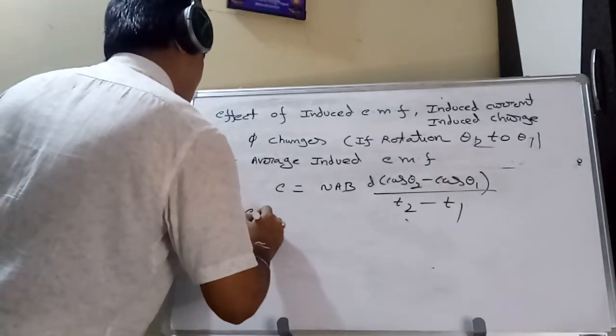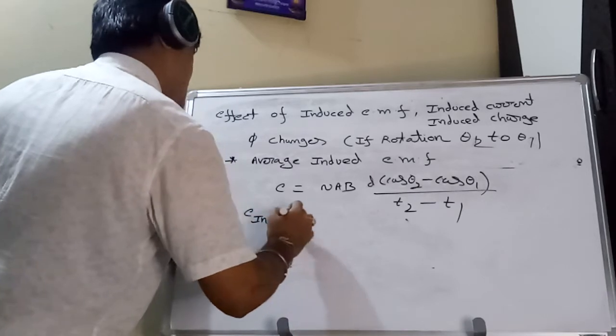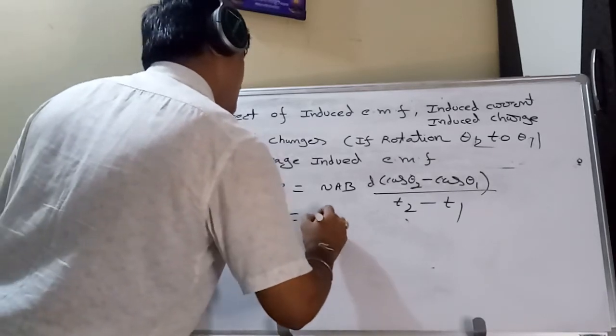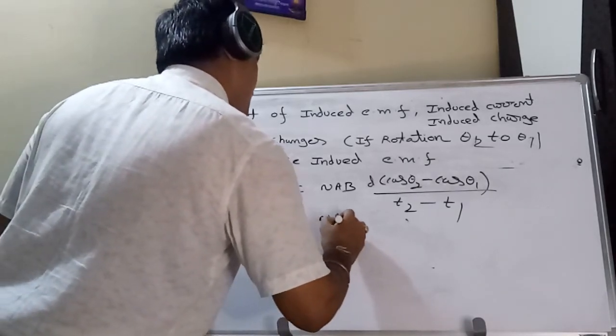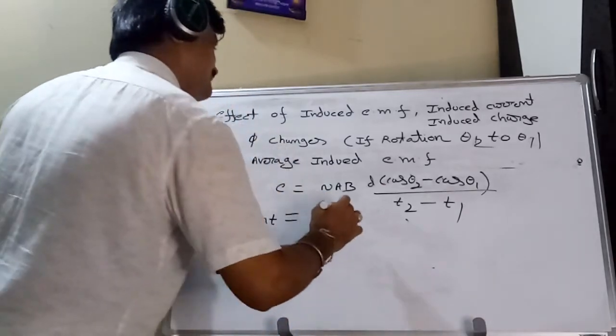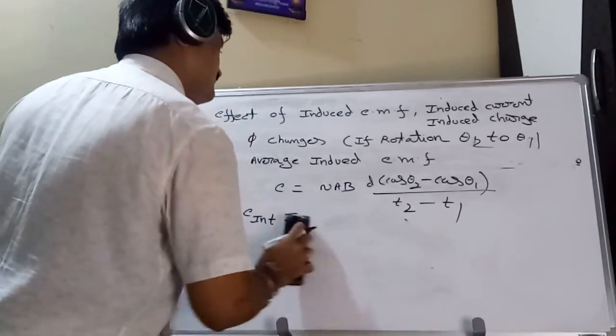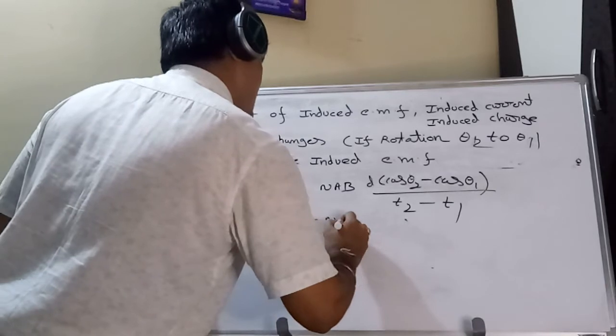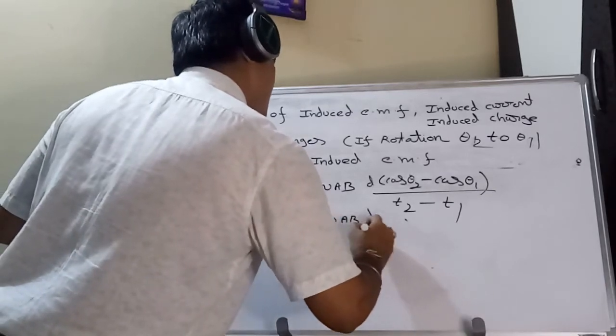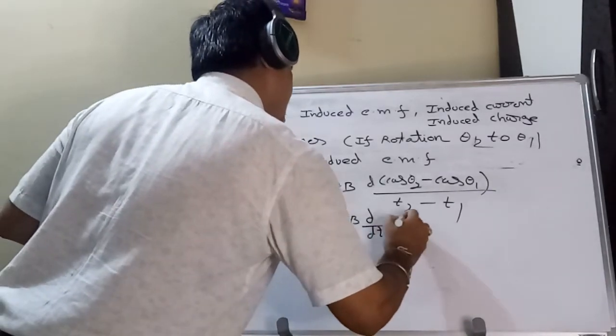The instantaneous E is equal to minus NAB d by dt of cos theta.